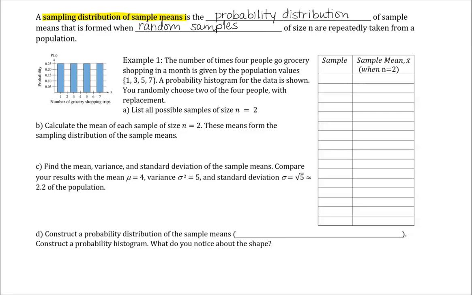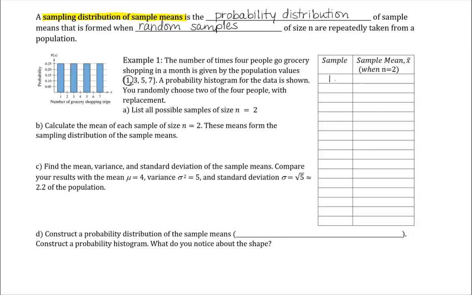The first question, part A, is just asking us to list all of the possible samples. So if I was going to choose 2 people, what are the possible samples that I could end up with? Well, if I pick 2 people, depending on how many times they go to the grocery store, and I am picking with replacement, then I could pick 1 twice.